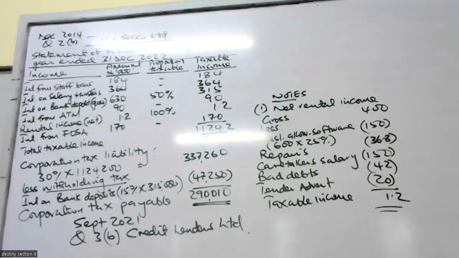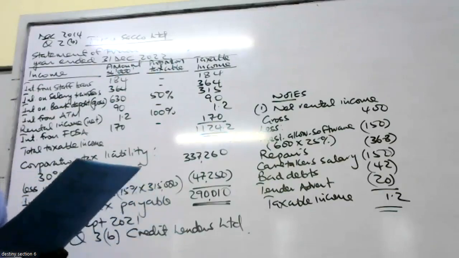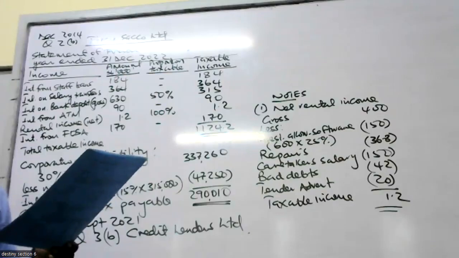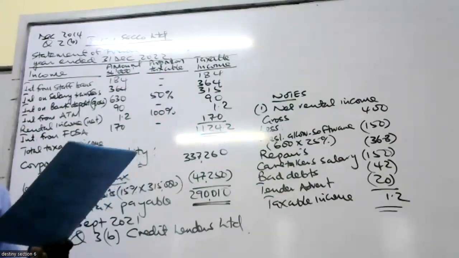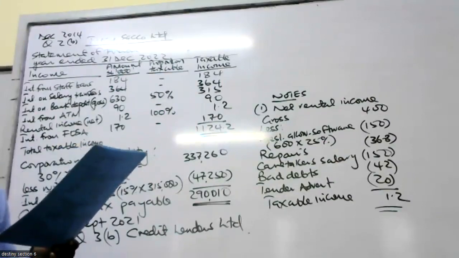The question reads: the following information was presented to you by management of Credit Lenders Limited as at 31st December. The company deals in the sale of manufacturing machines on hire purchase terms. The company purchases the machines at 600,000 each.